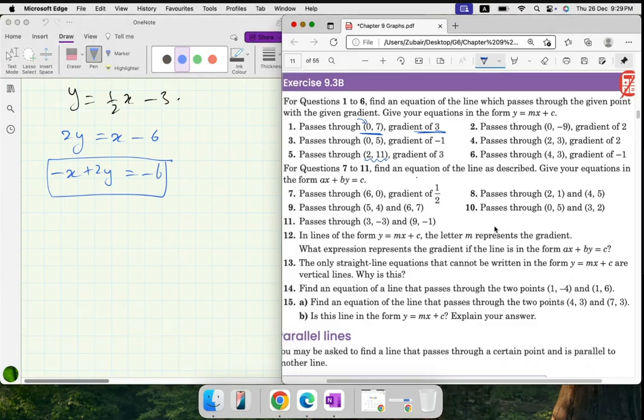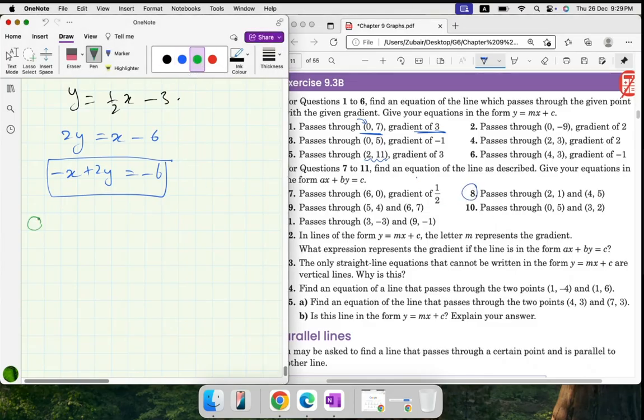Try number 8. It passes through 2 comma 1 and 4 comma 5.